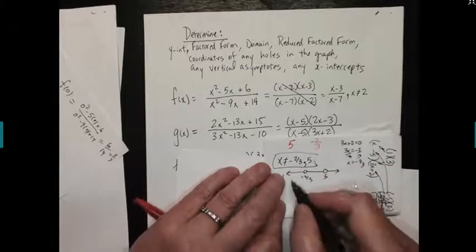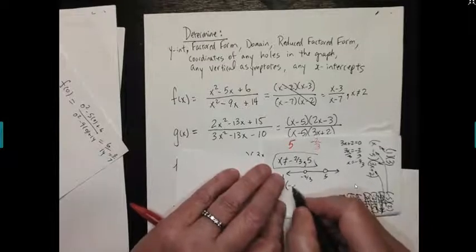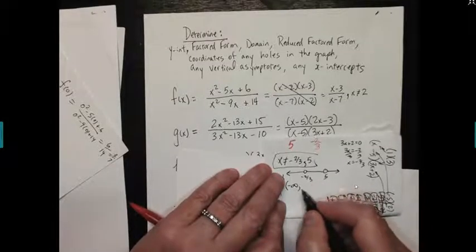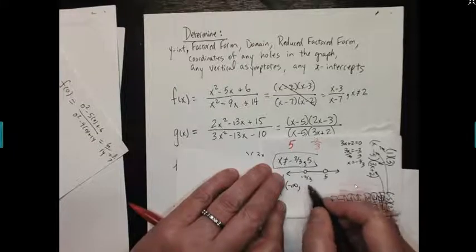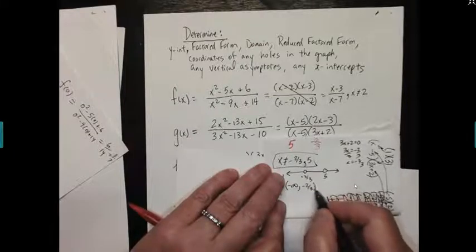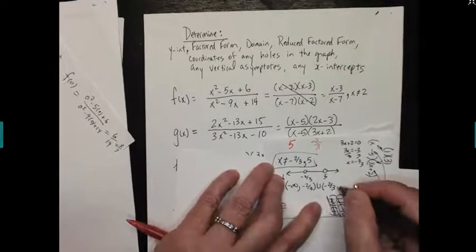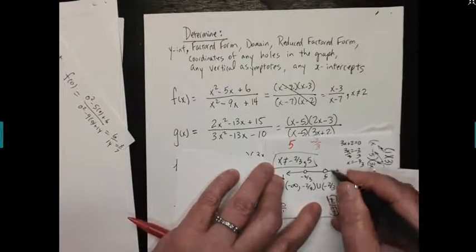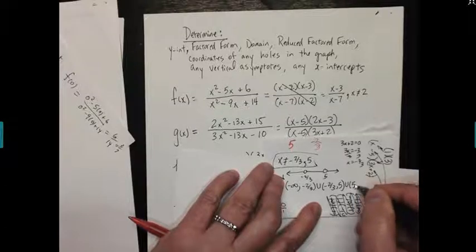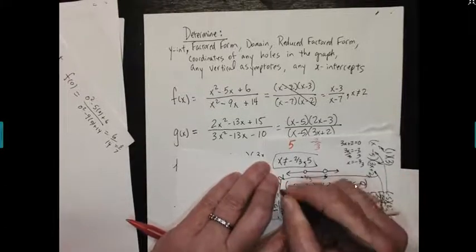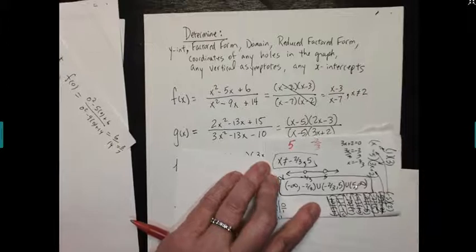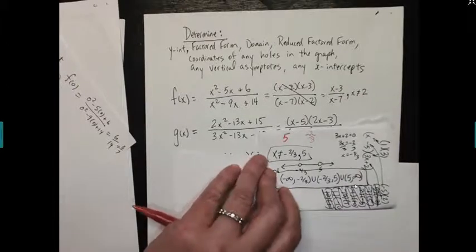And so in interval form, going from left to right, there's no left limit. And I come up here and I have to jump over negative 2/3. Then I want everything between negative 2/3 and 5. And then I need to jump over 5. So that would be my domain in interval form. Okay.